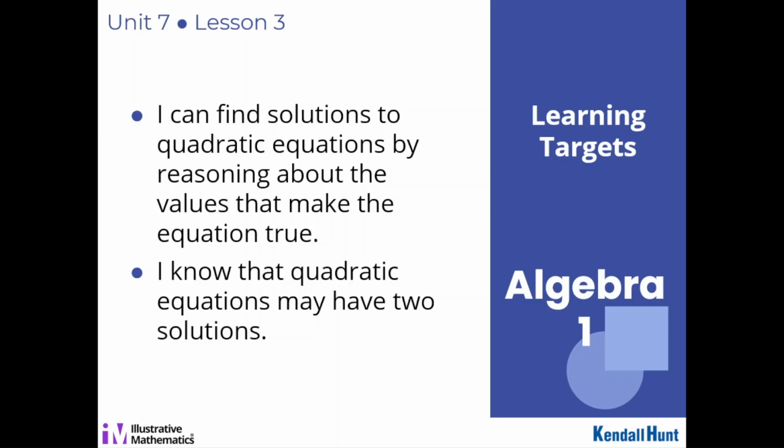What this means is that you understand when you're taking the square root to find the solutions, because a quadratic equation has that x squared term, taking a square root means you're looking for a number that when multiplied by itself will give you the number under the radical symbol.